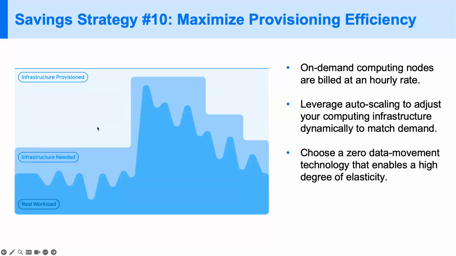So having a platform that can dynamically scale very quickly allows you to optimize this and eliminate wasted spend entirely. One of the best approaches for that is to choose a zero data movement technology that enables it. Apache Pulsar, which Ursa is based on, has that built in natively at its lower tiers.